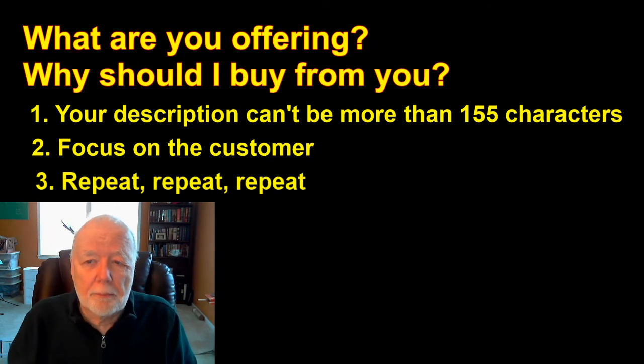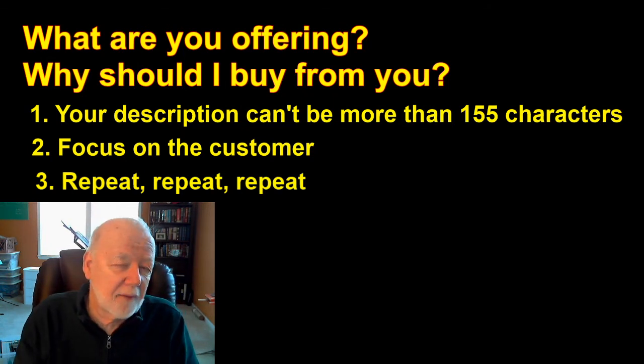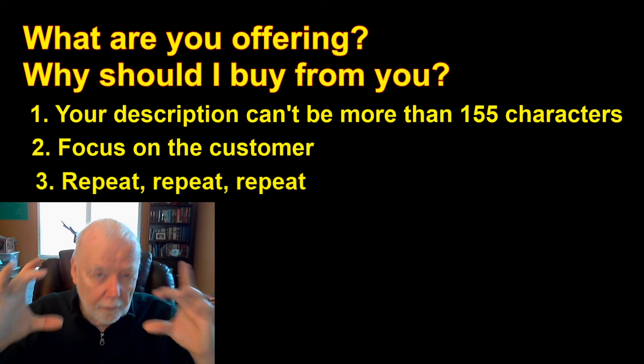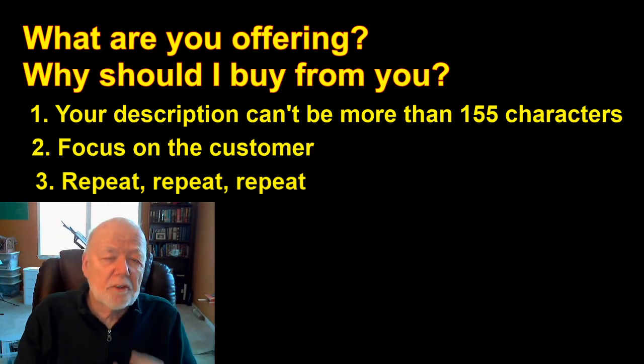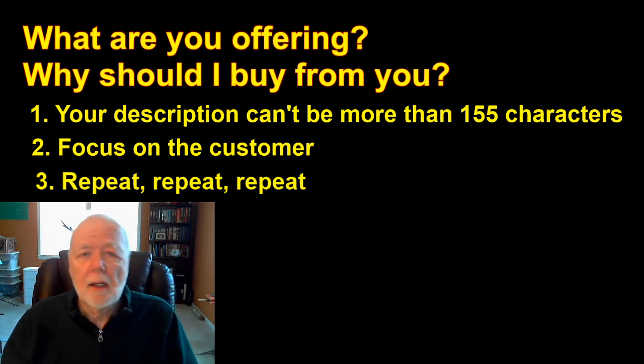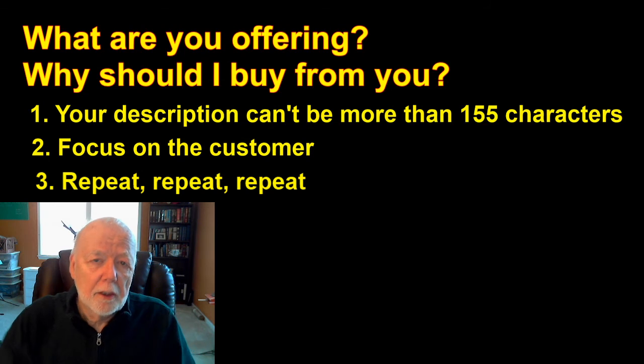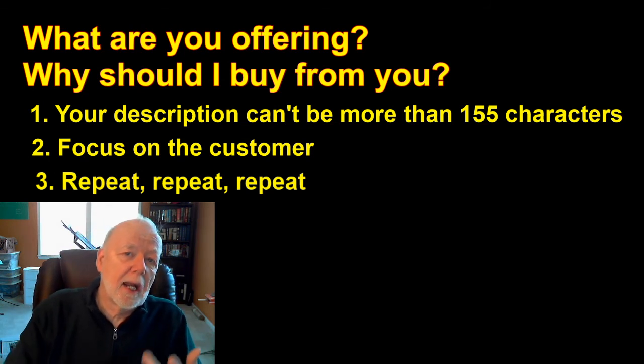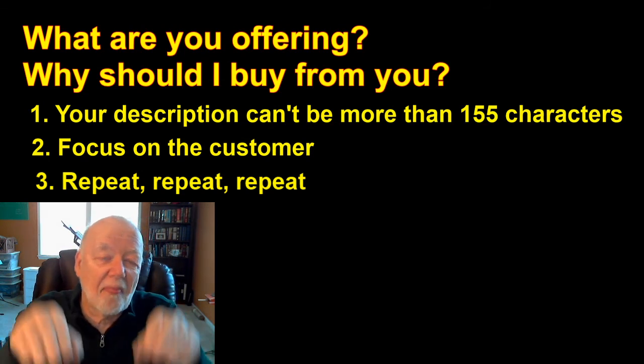And using these three points, your description can't be more than 155 characters, at least the part that they're going to see and read. Focus on the customer's needs. Number three, repeat, repeat, repeat. Throughout your description, keep bringing up your brand. Keep bringing up how it's going to benefit them.